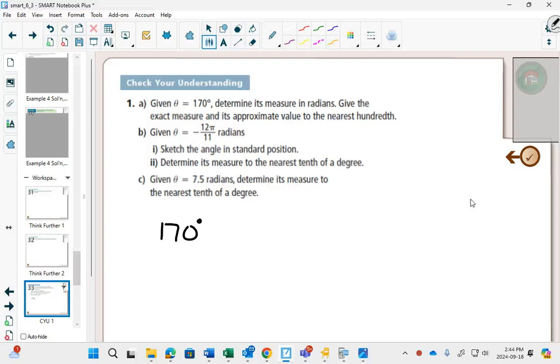If we have 170 degrees and I want to change that from degrees to radians, I'm going to multiply by pi radians over 180 degrees, and not 180 over pi. And here is the following that can help with the reasoning behind that. And I'll start with something you probably already know, okay?